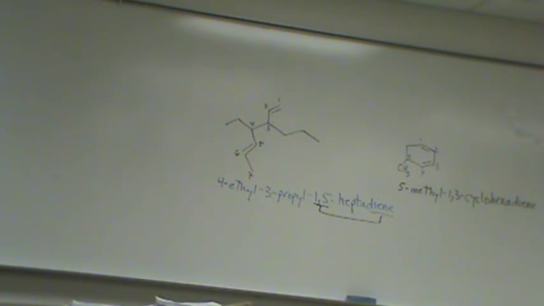Question: could you write it like cyclodihexene? No. Cyclic molecule, number of carbons in the ring, 6, and then the double bond ending.